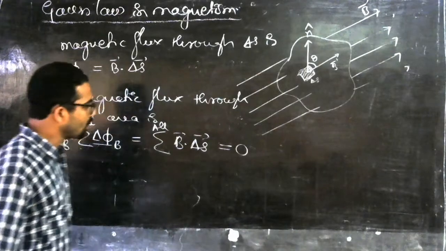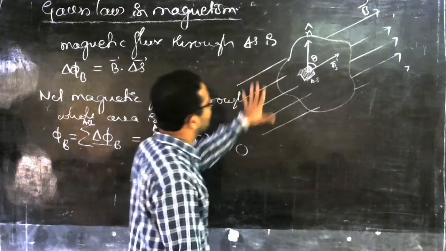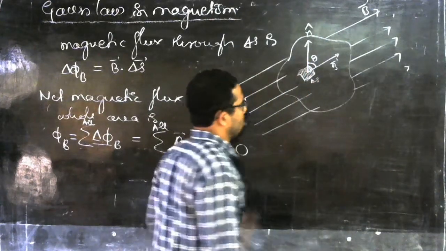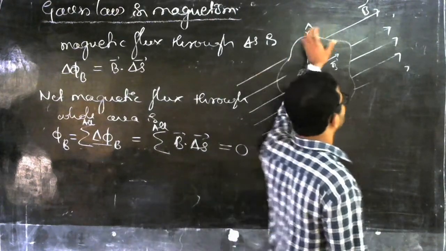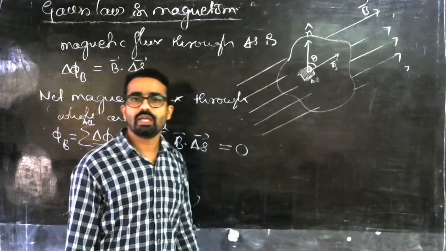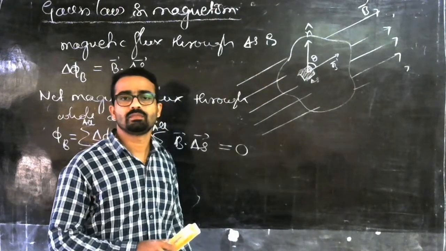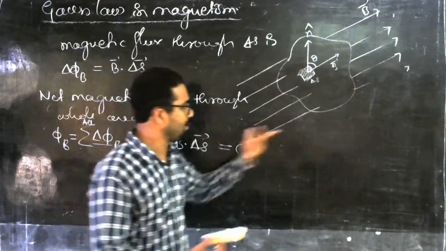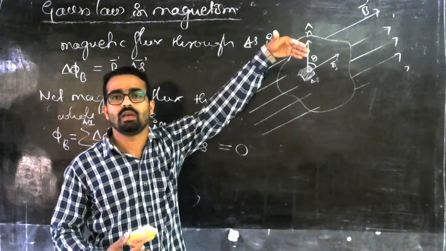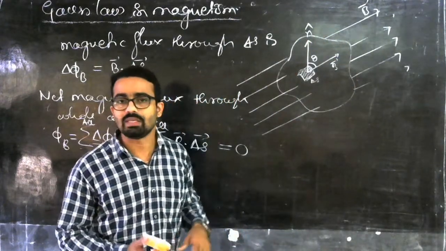Because he has given the reason that the number of magnetic field lines entering this will be equal to the number of magnetic field lines going out from this area. So there is no storage of lines in that surface. Whatever field lines are entering, that many field lines are leaving the surface. That is why the magnetic flux is zero.